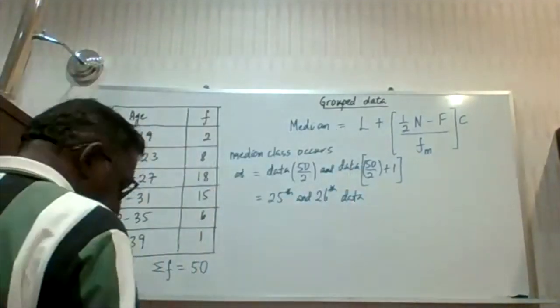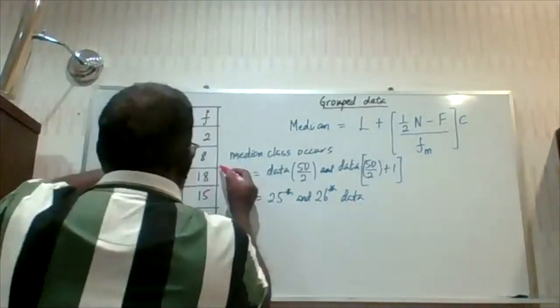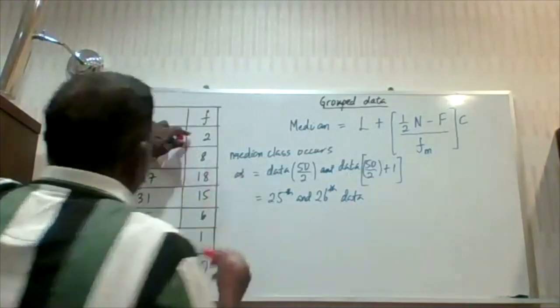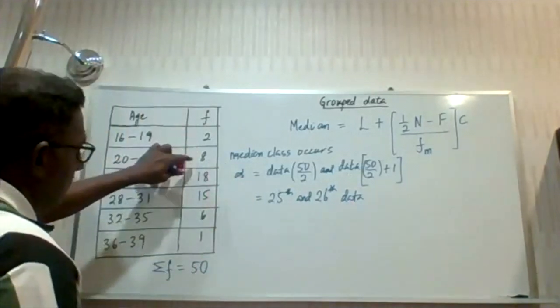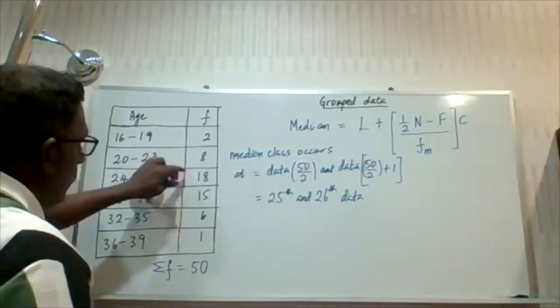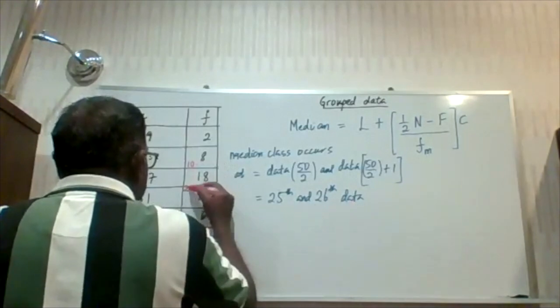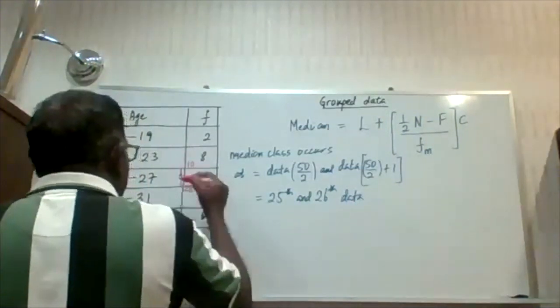Now you count. From here to here, 2 plus 8 is 10. 10 plus 18 is 28. So data 10 to data 28 falls in this category.